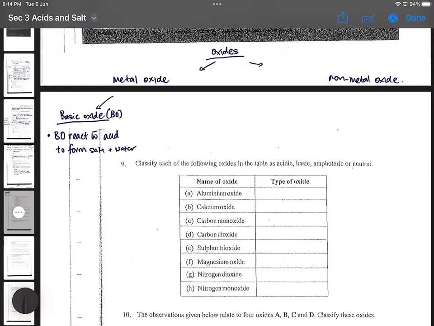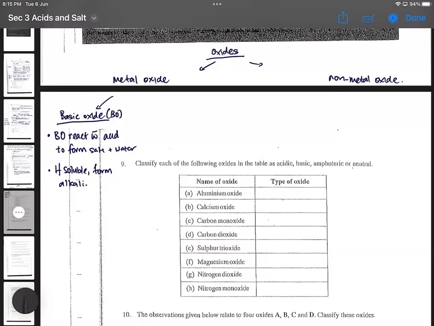Metal oxides are bases, they react with acid to form salt and water, very natural. And if they are metal oxides that are soluble, they will form alkali. So this is how we classify basic oxides, which is part of the metal oxides.